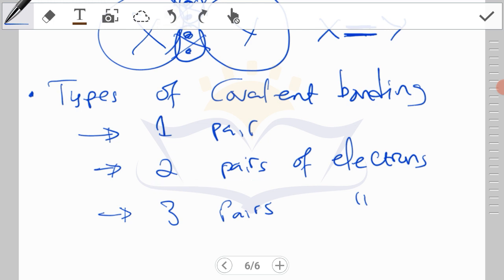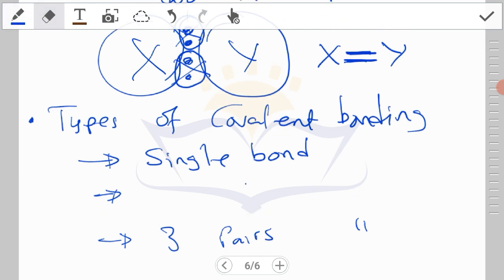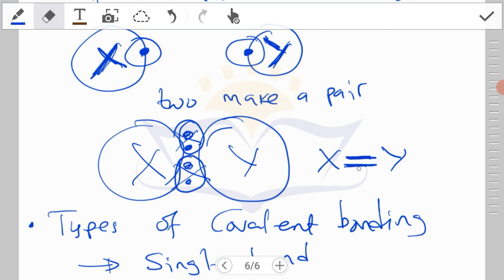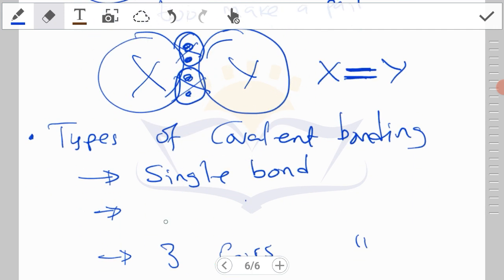Zomwe zikutibweretsanso ku the real names of these covalent bonding types. So type yoyambirira yomwe tikupanga share just 1 pair of electrons tikuitchula single bond or single covalent bond. Type yachiwiri chifukwa kuti apapa tili ndi ma pairs awiri. This is what we call a double covalent bond, or simply just double bond.